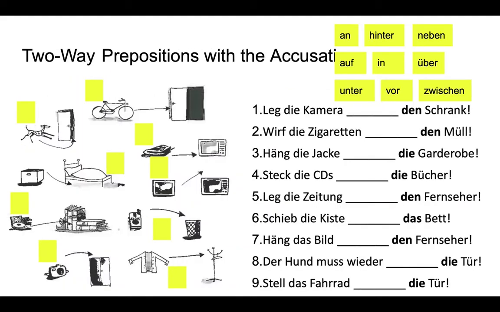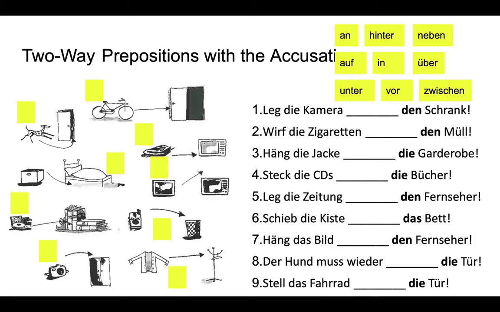So now you'll do a similar activity with the two-way prepositions with the accusative case. Imagine when you grow up that you've moved out of the house, you're living maybe with some roommates, and you are in your own apartment, and your parents are coming to visit, and all of a sudden you have to clean up your apartment before your parents get there. So you're telling your roommates all of the stuff to clean up and move around as you're getting ready for your parents to come.